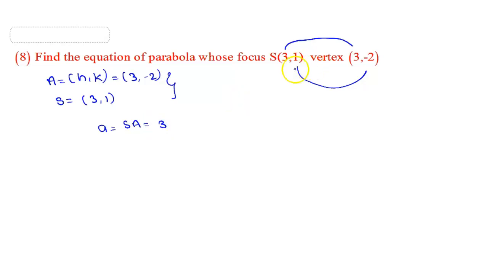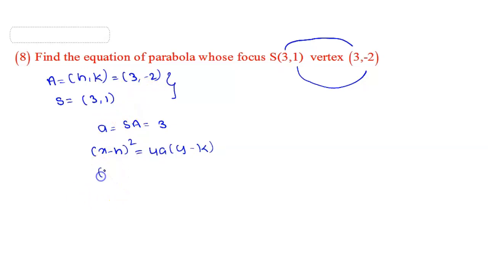After that, the x position is the same in both, no? So here the equation of the parabola is (x minus h) whole square is equal to 4a into (y minus k). We already have (h, k), that is (3, minus 2).